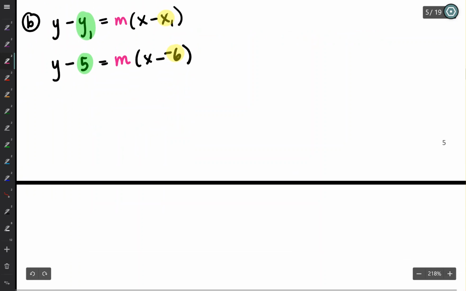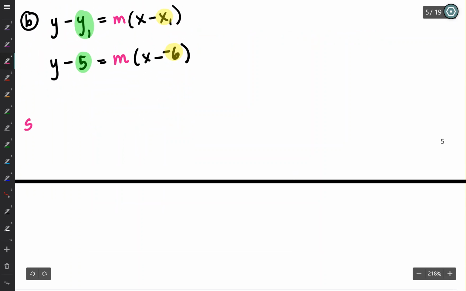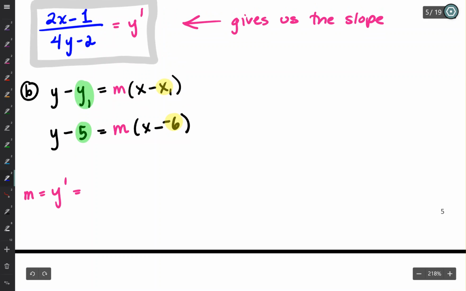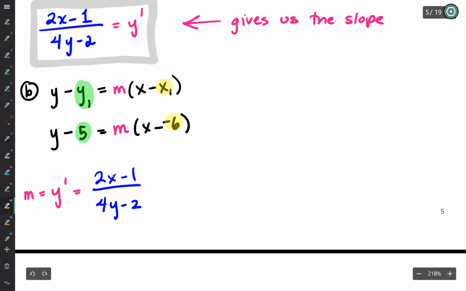Okay. So your slope is y prime, which is this 2x minus 1 all over 4y minus 2, and I'm going to evaluate that when x is -6 and y is 5.